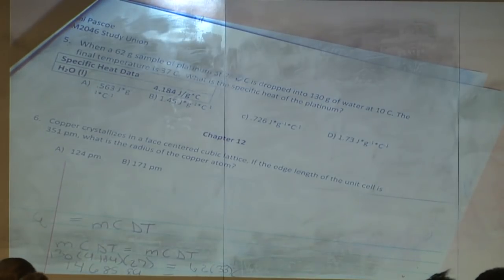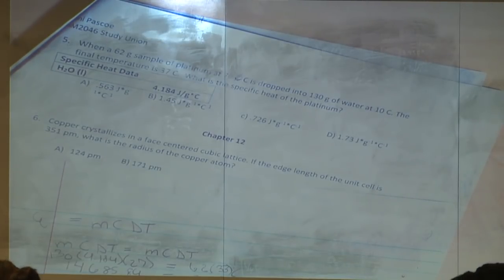So we're going to simplify the left side, and simplify the right side. And you should get 0.7.